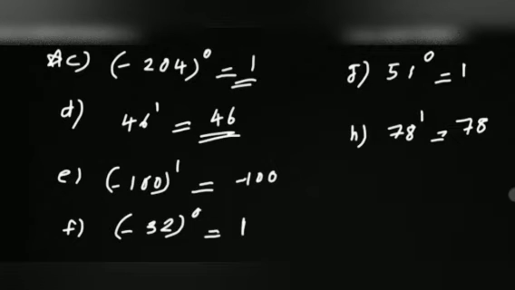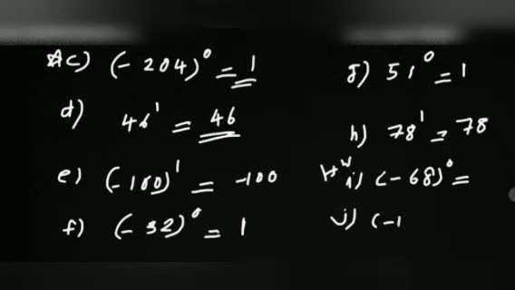Okay, so note down the homework from this session. I: minus 68 to the power 0. J: minus 12 to the power 1.